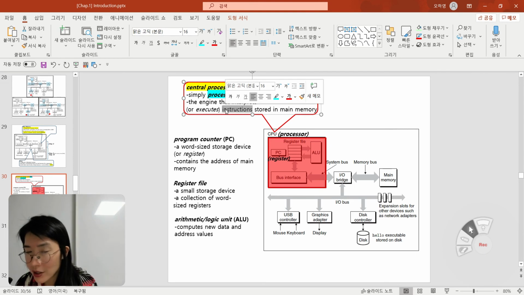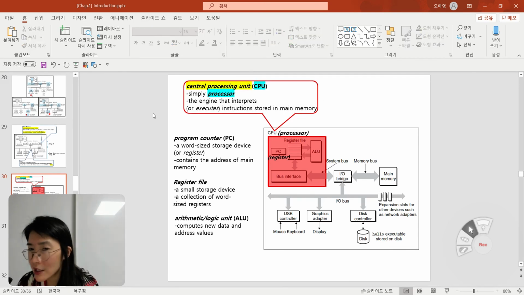So if we type the current directory with the executable file name in the shell, the CPU can execute or interpret our instruction stored in main memory. Okay?